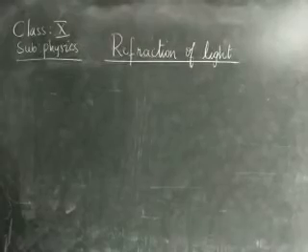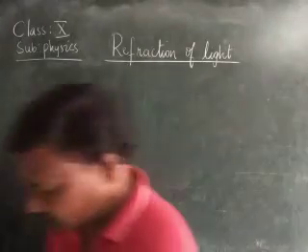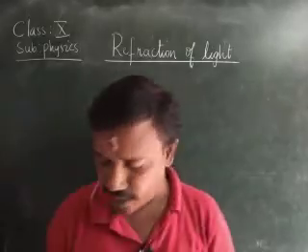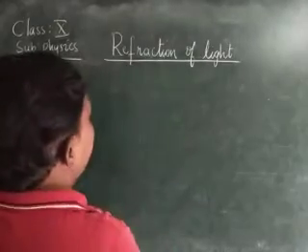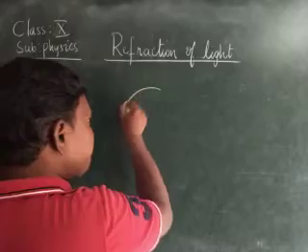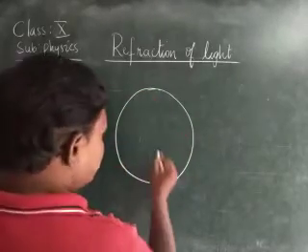Here he is asking about a transparent sphere of radius r. Here there is a transparent sphere. You know what a sphere is.